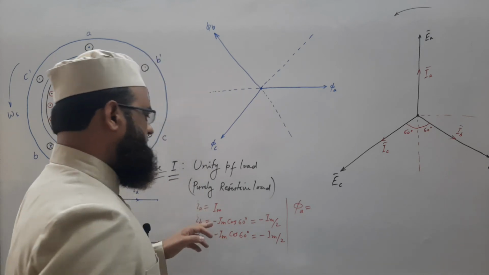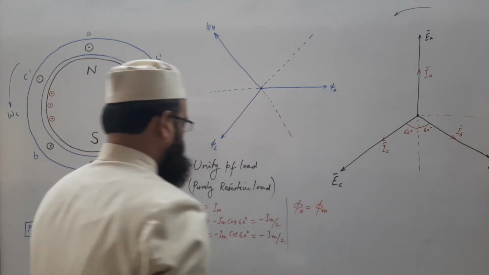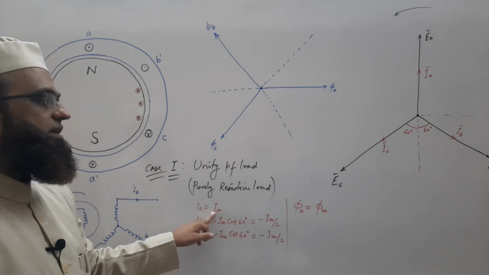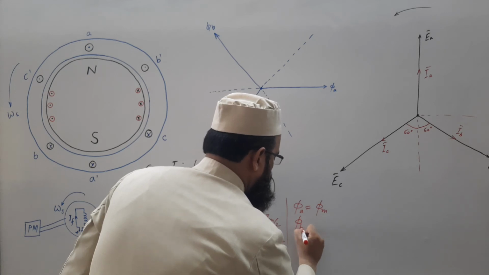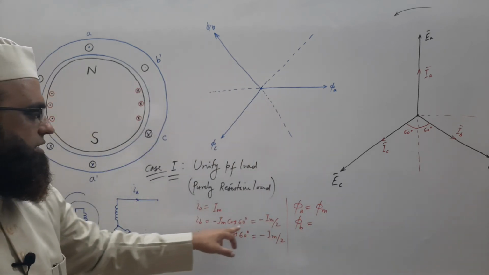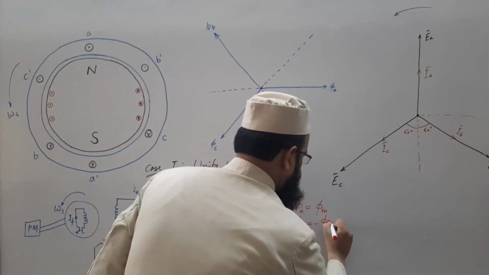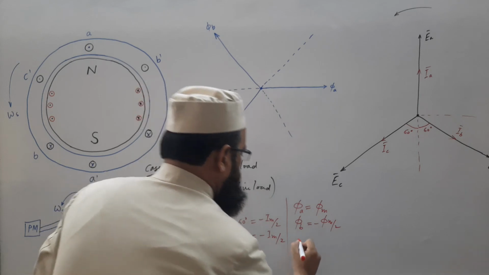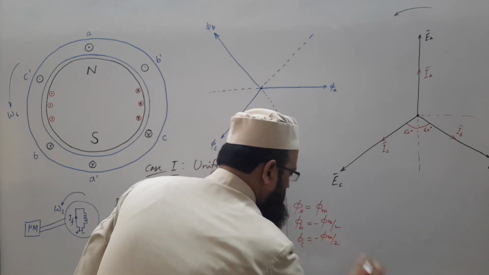So let us denote the maximum value of flux by phi m, as we have denoted the maximum value of current as Im. So what about phi B? Phi B will be minus phi m by 2. And similarly phi C will be minus phi m by 2.